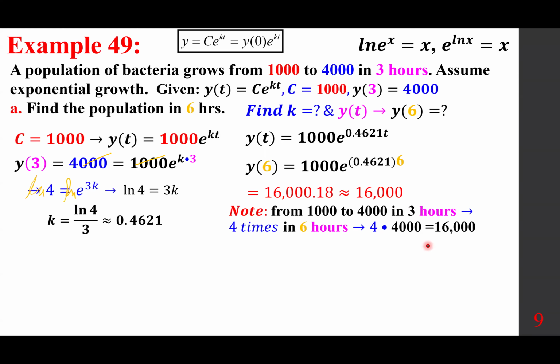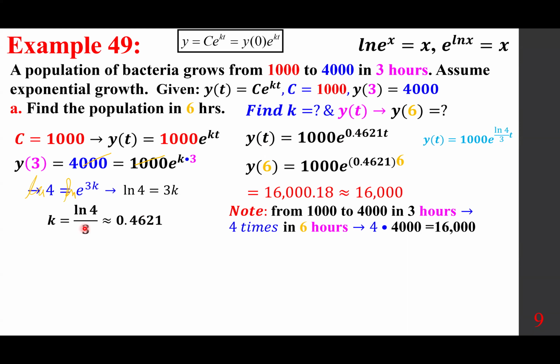Now, of course, I want to remind you that we could go back here, keep it as ln 4 over 3, and see how it looks like. So y of t is, I'm going to go back here and use this one, 1000 e to the power of, instead of approximation, I want to go with ln 4 over 3.